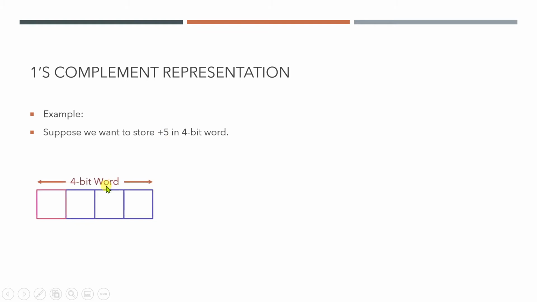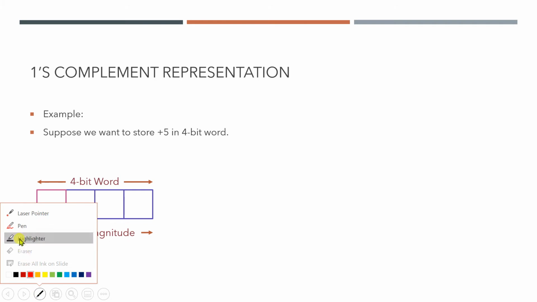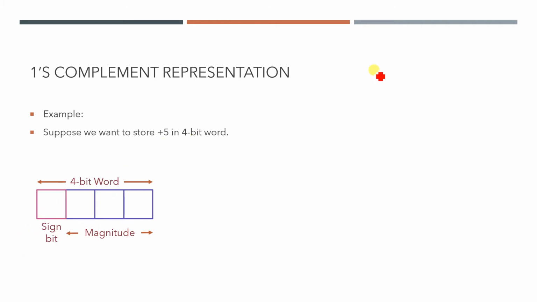Suppose a 4-bit word is given where the first bit represents the sign bit and the remaining bit represents the magnitude. To represent positive 5, we will first convert the given number into its binary equivalent. So 5's binary equivalent will be 101.